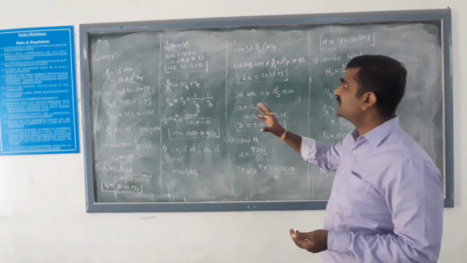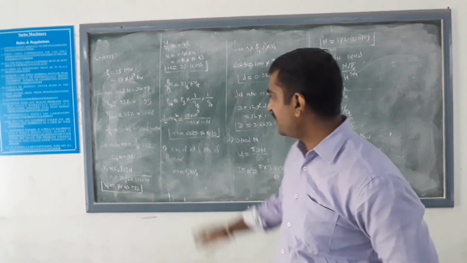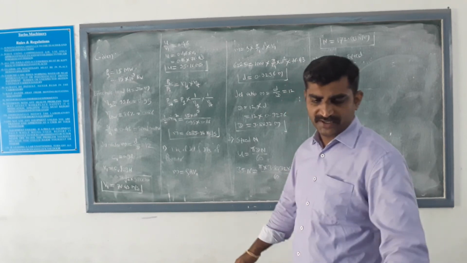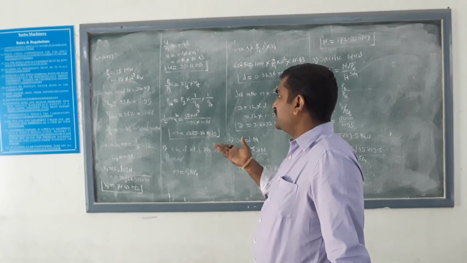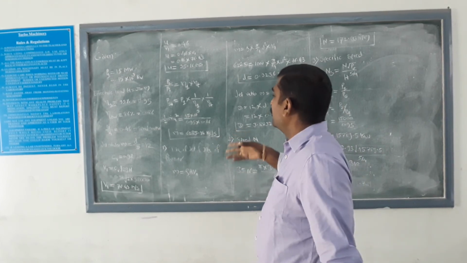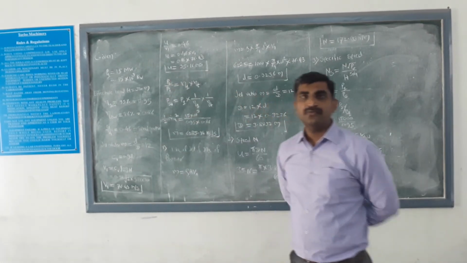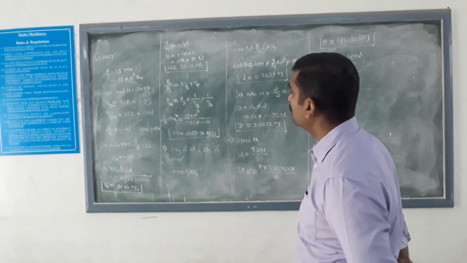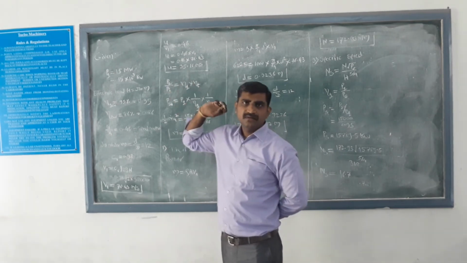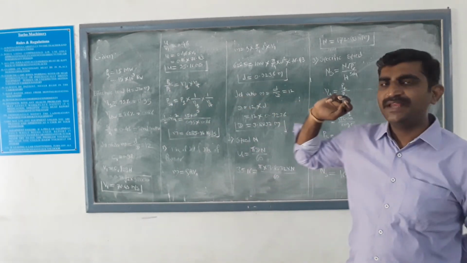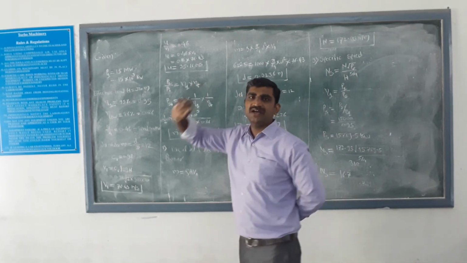Using this given data, we find inlet jet velocity V1. V1 equal to Cv under root of 2gH. H we know, Cv we know. From this find out V1. After getting V1, using the speed ratio we find U. Overall efficiency equal to generated power upon inlet power of the plant equal to generator efficiency into turbine efficiency.